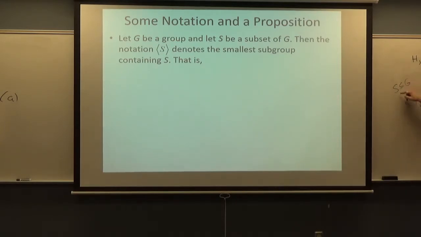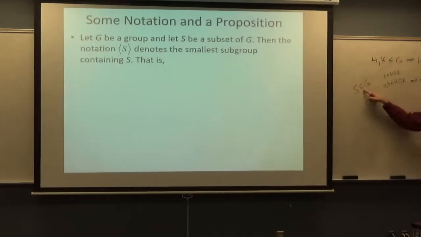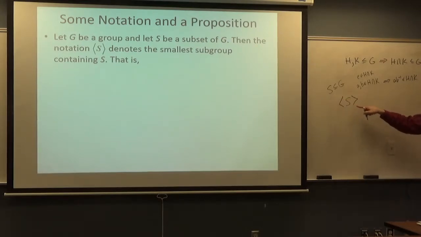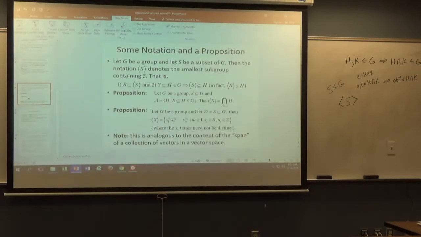S is not necessarily a subgroup, so I'm only using the set inclusion here. It's a subset. This notation does represent a subgroup, though. It's defined to be the smallest subgroup of G containing S. And I probably should put the "of G" in there, just for extra clarity.